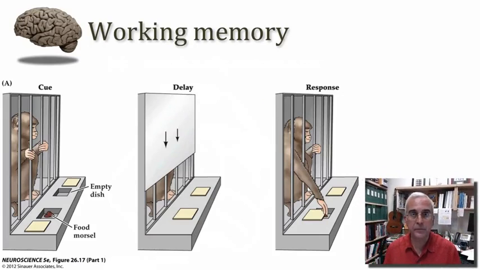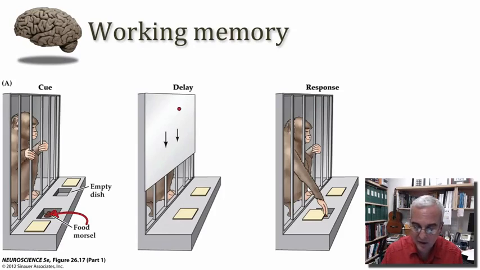An animal model, a rhesus monkey, is observing the placement of a morsel of food in one of these two wells that are within arm's reach. So the monkey's aware of in which well the food was placed. Now a delay is interposed between the observation, the sensory information coming into the animal, and the ability to execute the appropriate motor behavior, in this case a visually guided reach to retrieve the food reward.